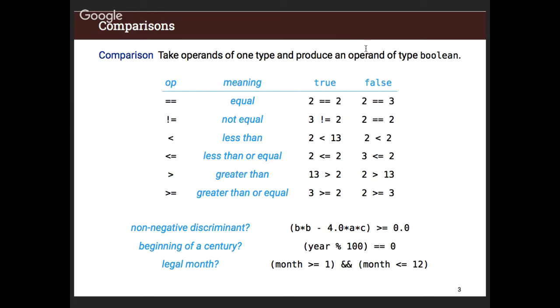It's not. So that's a true statement. There's a typo on the slide. That should be a not equal. Is 2 not equal to 2? No, 2 is equal to 2. So let's just pretend that's an exclamation mark. The answer to the question 2 not equal to 2 is false.